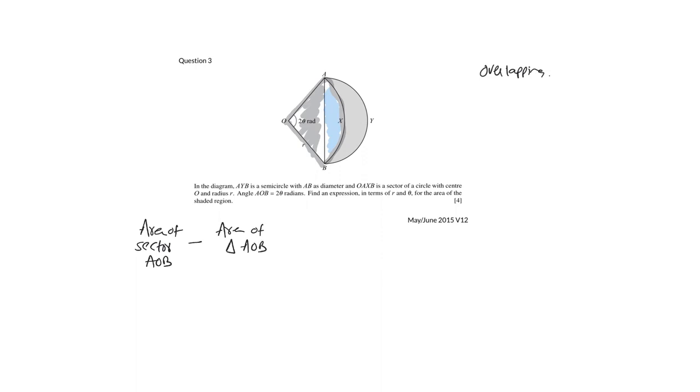So the area of sector AOB is half r square, and the angle in between is 2 theta, minus the area of the triangle, which is half, this is r, right, so r square and the angle would be 2 theta, so sin 2 theta, half ab sin C. This gives you the area of the segment AXB.